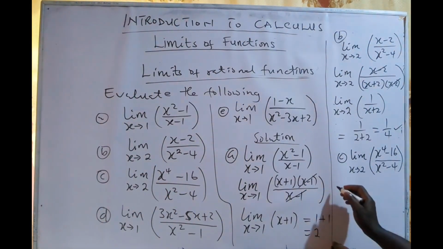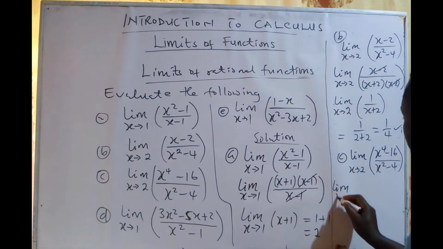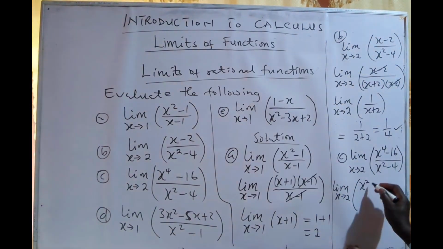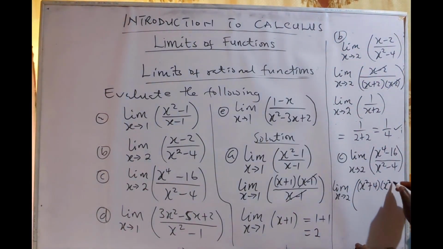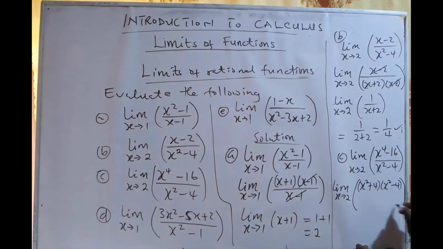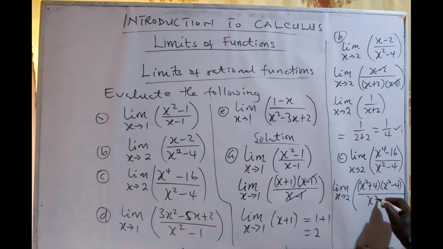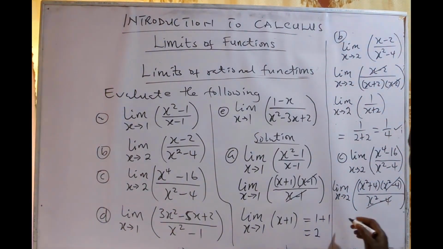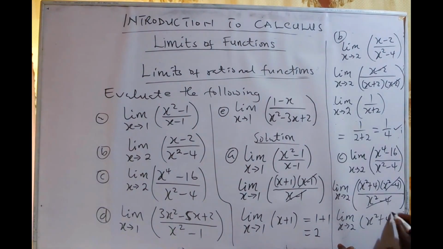This can give us the limit as s approaches 2 of (s squared plus 4)(s squared minus 4), all divided by (s squared minus 4). So that s squared minus 4 can cancel s squared minus 4. Then I have the limit of the function s squared plus 4 as s approaches 2.